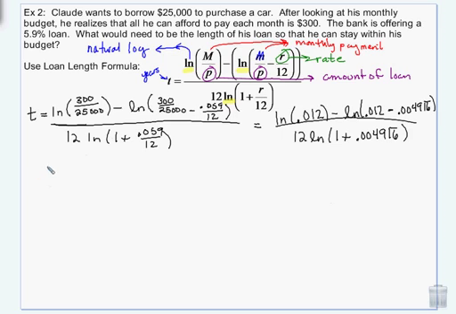Then I have to do this subtraction and this addition before I can natural log anything. So 0.012 minus the 0.004916 repeating gives me 0.007083 repeating.